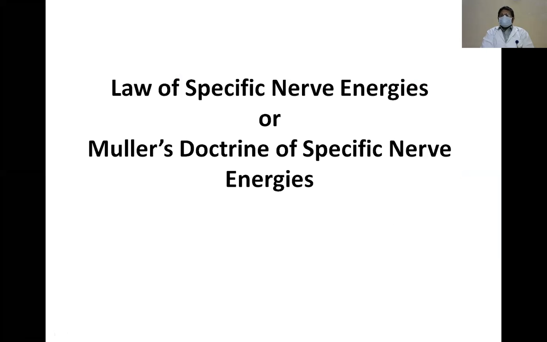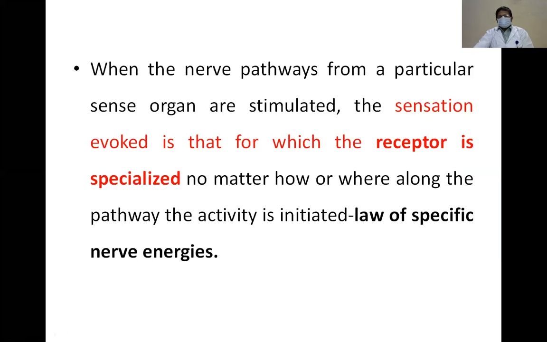Then what are the different laws? The law of specific energies, Muller's doctrine of the specific energies. Whenever a nerve pathway from a particular sense organ is stimulated, the sensation evoked is that of the receptor which is specialized, no matter where or how along the pathway the activity is initiated.